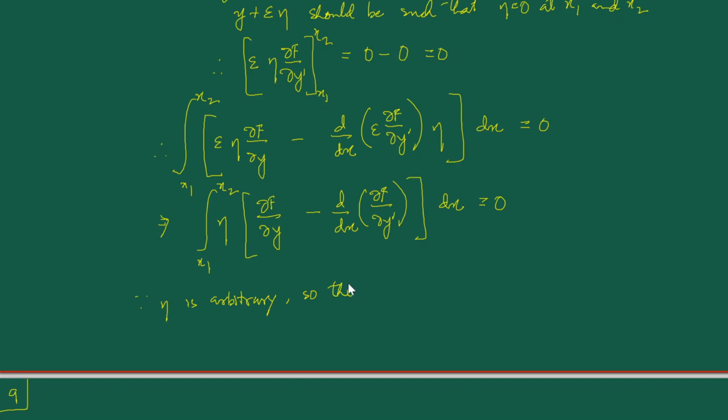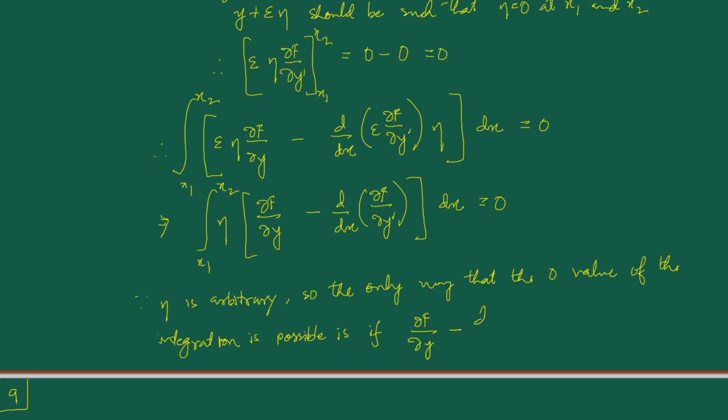the only way that the zero value of the integration is possible is if del f del y minus d dx del f del y dash is equal to 0.